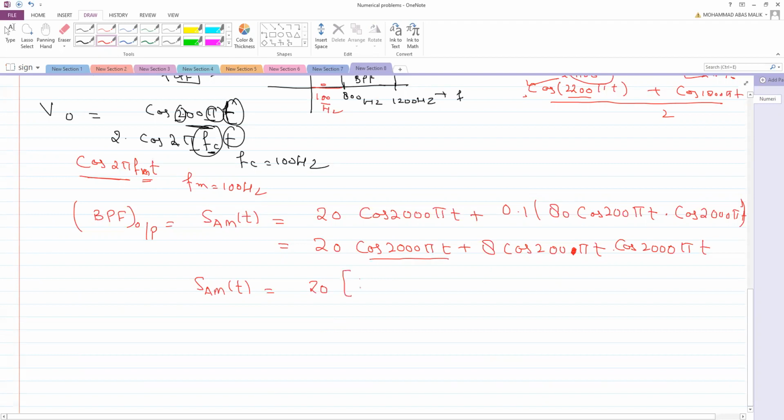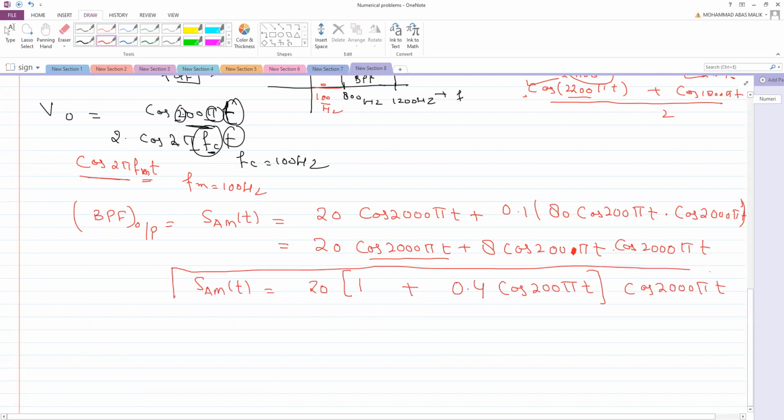I will get here 1, then here it will be 0.4, because 20 into 0.4 is 8, and here you will get cos 200 pi t, and this into cos 2000 pi t, right? Anybody having confusion in this particular equation, please tell me.